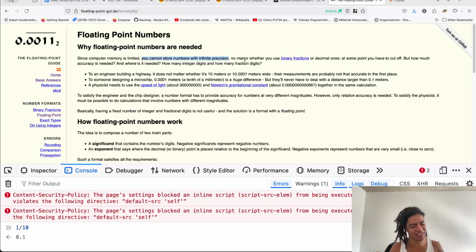And it all starts with our limitations. You cannot store numbers with infinite precision, so no matter whether you use binary fractions or decimal ones, at some point you have to cut off. If you use a calculator and say 1 divided by 10, it will give you 0.1, even though it is computing that.